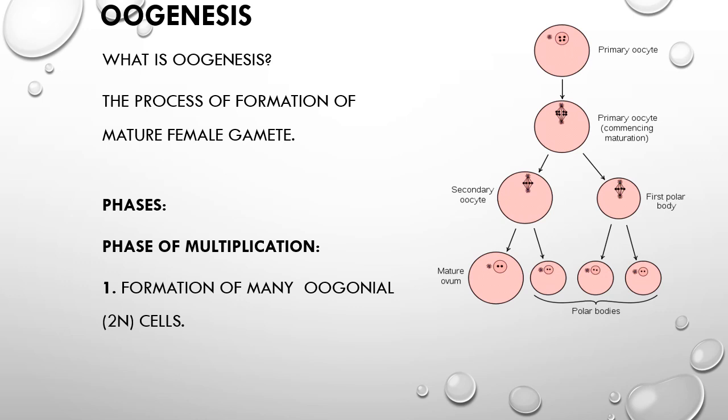Next, let us know what are the phases in oogenesis. Phases are nothing but the steps involved in oogenesis. The entire process of oogenesis gets completed in 3 phases, and they are as follows. First is the phase of multiplication. Second is the phase of growth.